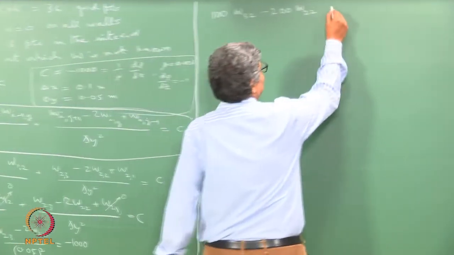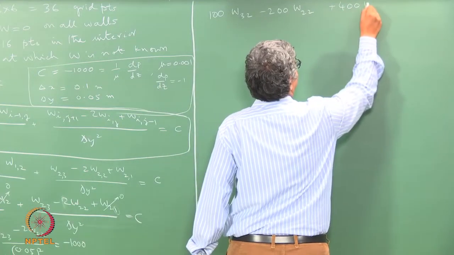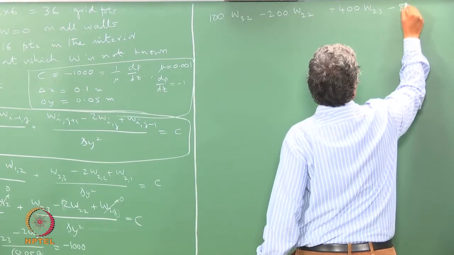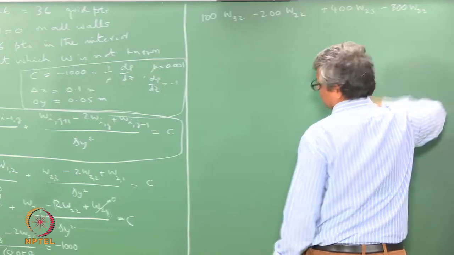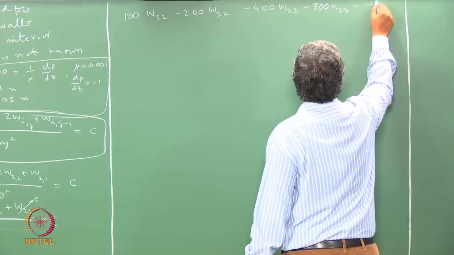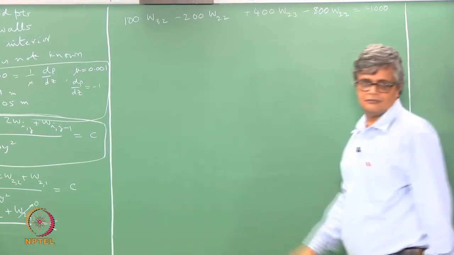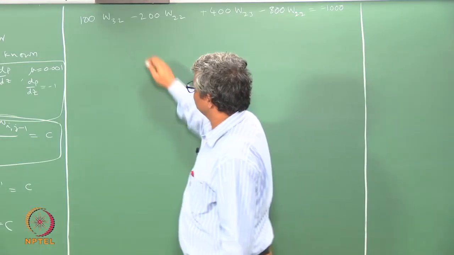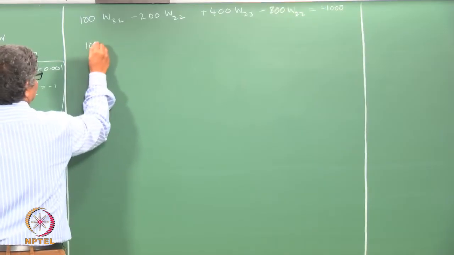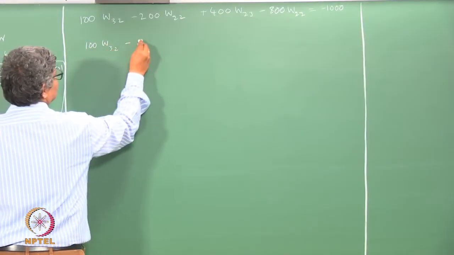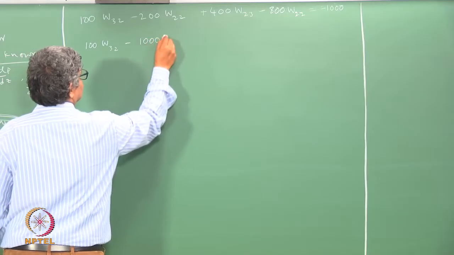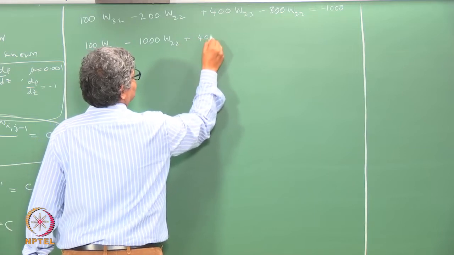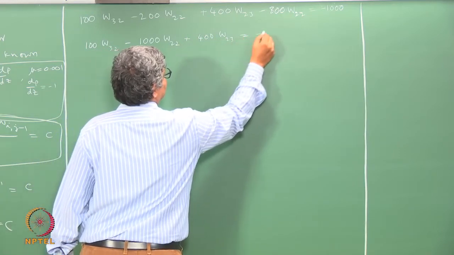So, this is plus 400 W23 minus 800 W22 is equal to minus 1000. Okay. So, minus 800 W22 and minus 200 W22 will finally give us 100 W32 minus 1000 W22 plus 400 W23 equal to minus 1000.